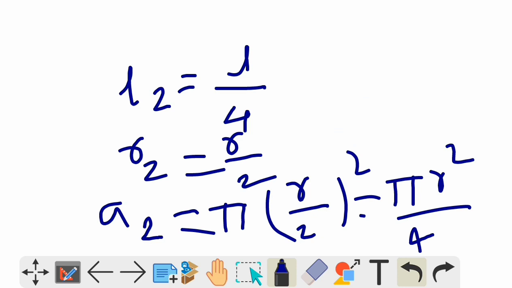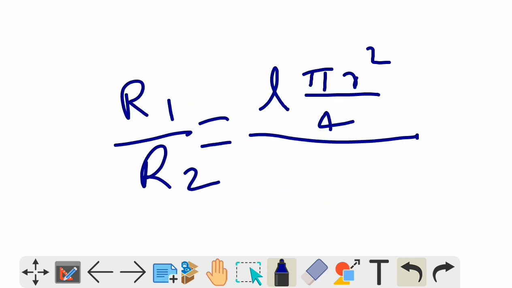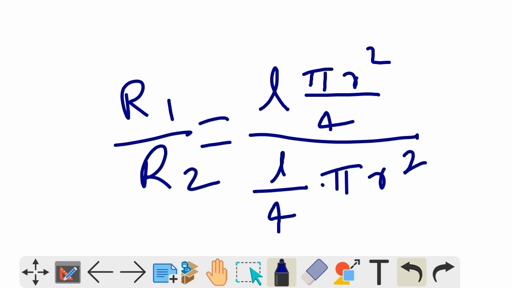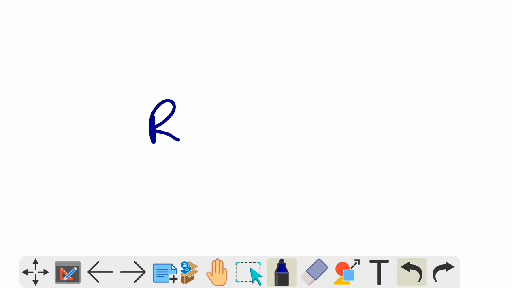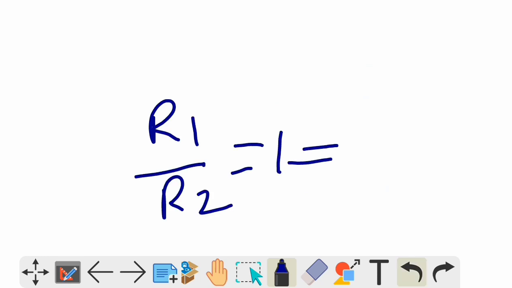Then L2 will become L by 4 and A1 will become pi r square. So L will be cancelled. 4 will be cancelled. Pi r square and pi r square will be cancelled. Then R1 by R2 equal to 1. From here R1 equal to R2.